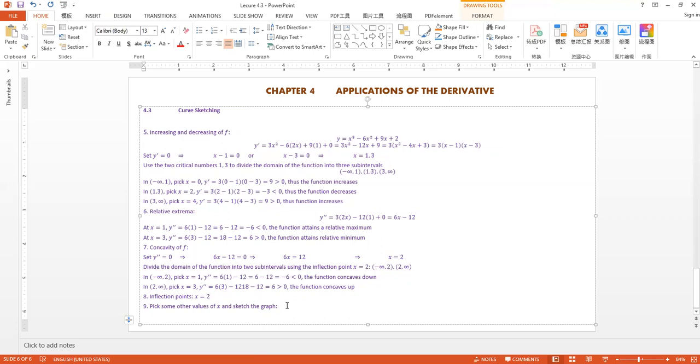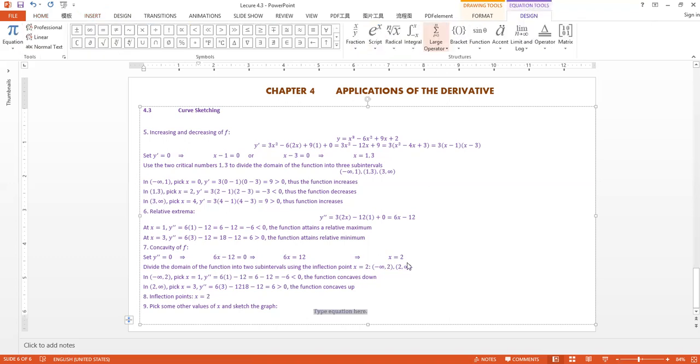In the last step, we need to pick some other values of x and sketch the graph. We got all the information, but that will not be good enough. We might need some extra information to draw the sketched graph.